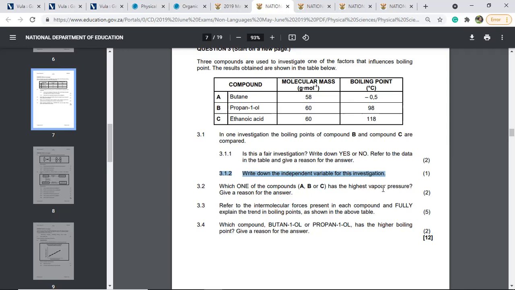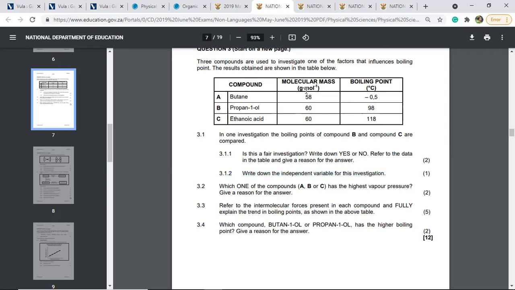So if you have weak intermolecular forces, we won't need that much energy to be able to break you apart. So that would mean that your boiling point would be low and your vapor pressure would be high. So then we look at the table and look for what would have a low boiling point, and that would be the compound with the high vapor pressure.